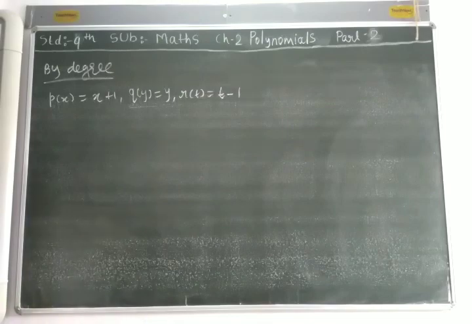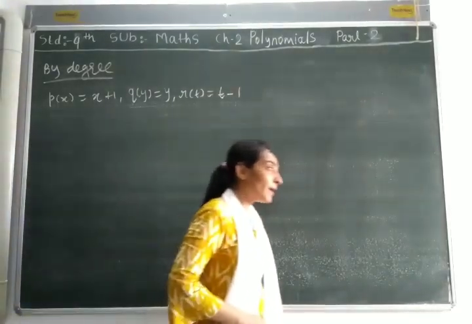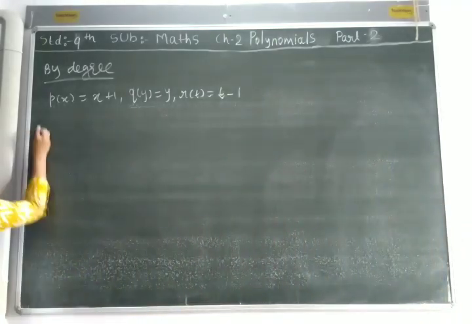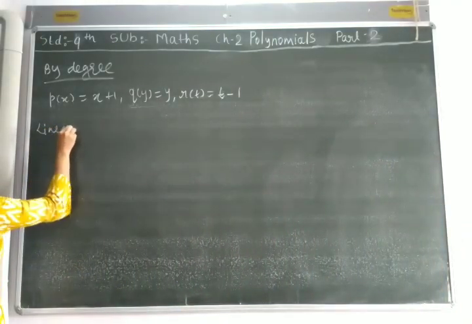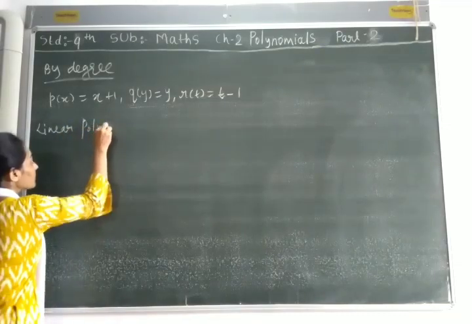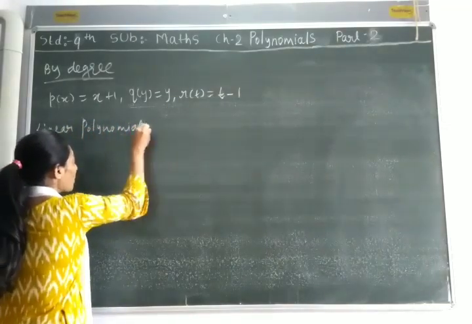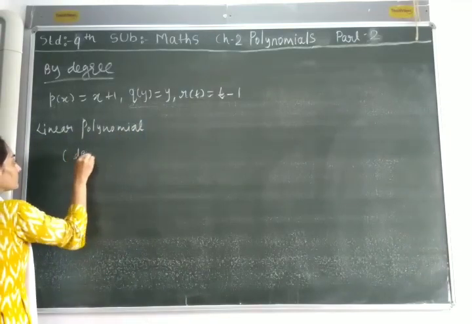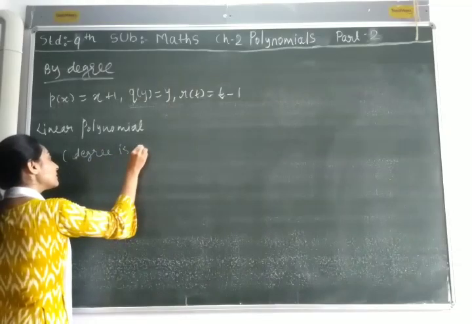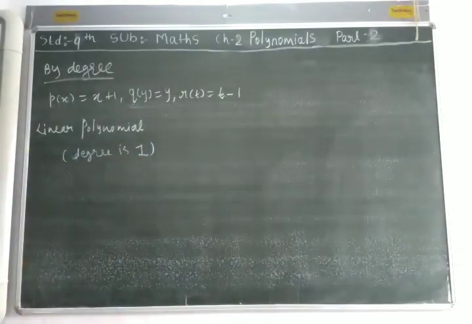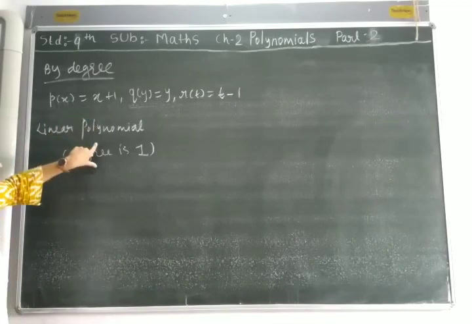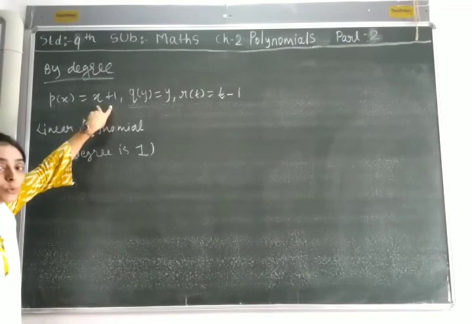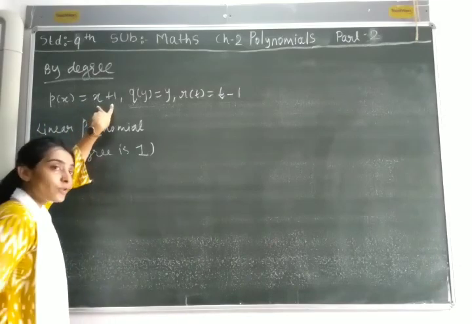So this type of polynomial whose degree is 1, and here x plus 1 contains two terms, we call it a binomial.